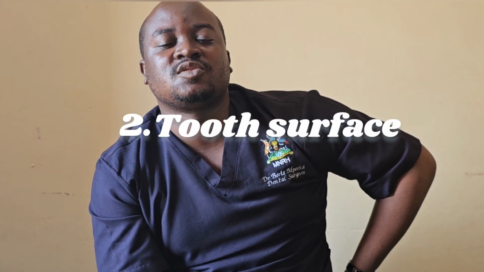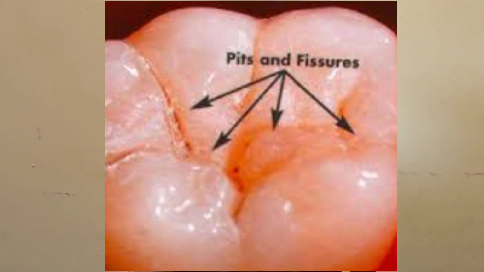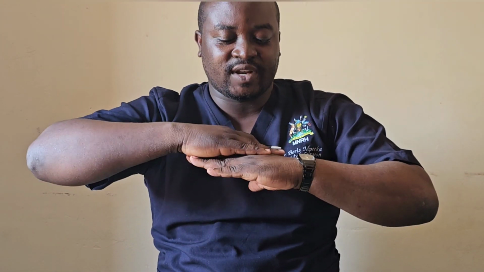That was number 1. Another one is tooth surface. A tooth surface is the tooth itself. The way our teeth are made, or the way they develop, they are not flat. They have ridges, they have what we call fissures and grooves.